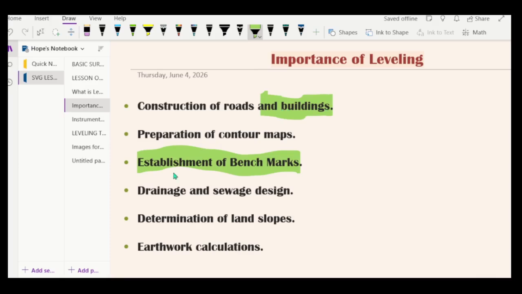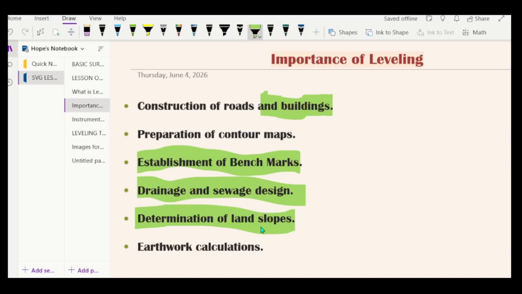So the next one is drainage and sewage designs. I won't dwell much on that, but leveling helps us to achieve drainage and sewage design. And then the next one here is the determination of land slopes.